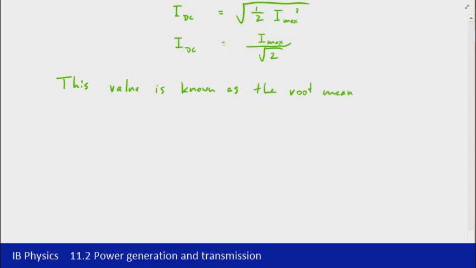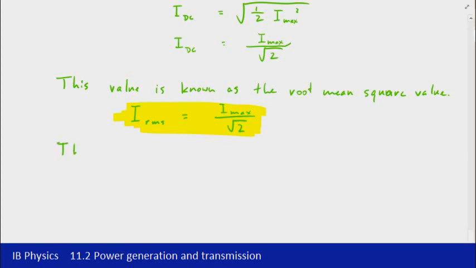So RMS is the term that we're going to use here. So the RMS value for the current of an AC cycle is simply the maximum current, so I max over the square root of 2. So that's how we define the current that's being provided by an AC source. We look at the RMS value instead.